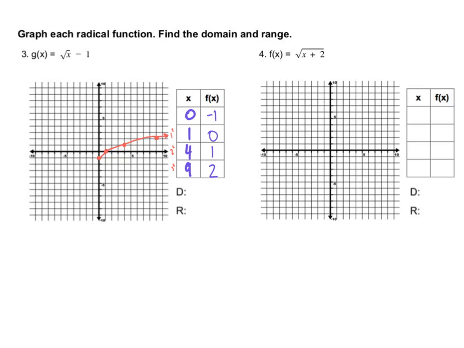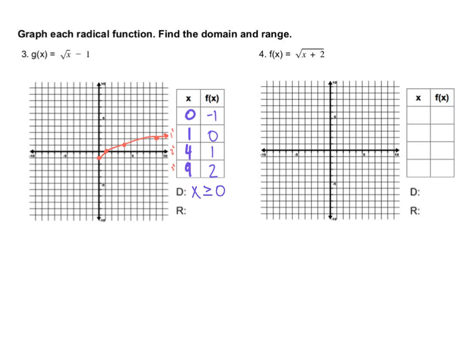Alright, so our domain, if we look at the graph, our x values are 0 and above, right? There's nothing in the negative x values over in this area. So our domain is x values that are greater than or equal to 0.